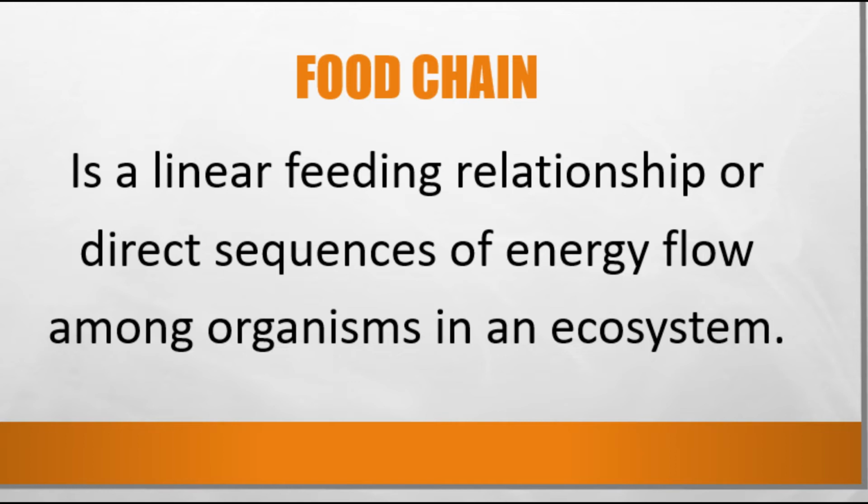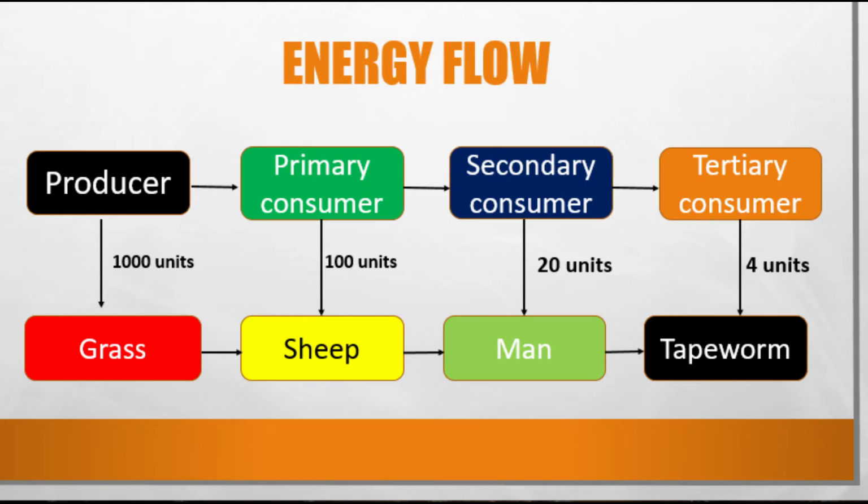Now, with the food chain, this is how the pattern goes. It always starts from the producer because they produce the food. I said the producers are the green plants. They manufacture their own food. Then it moves on to the consumers, which you can break down into primary, secondary, tertiary.